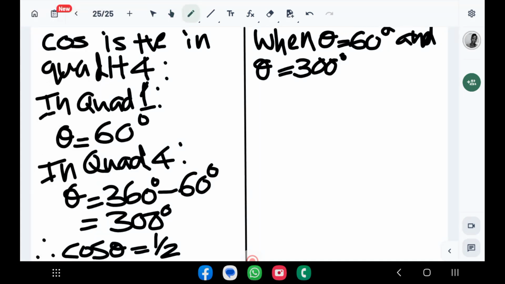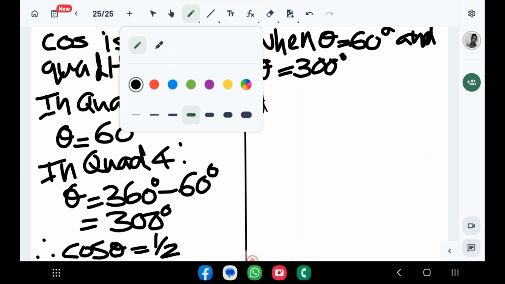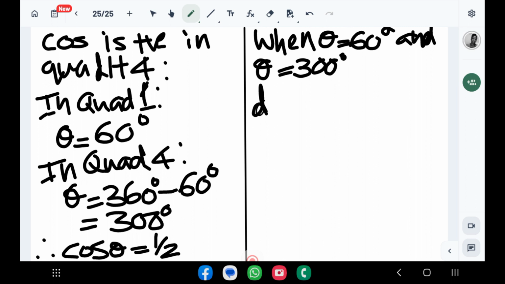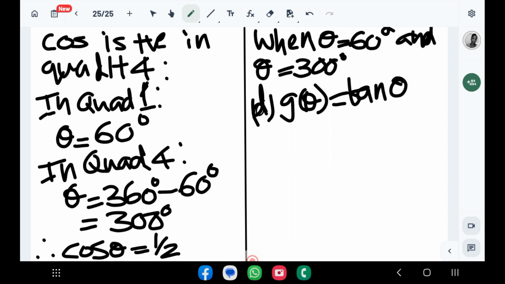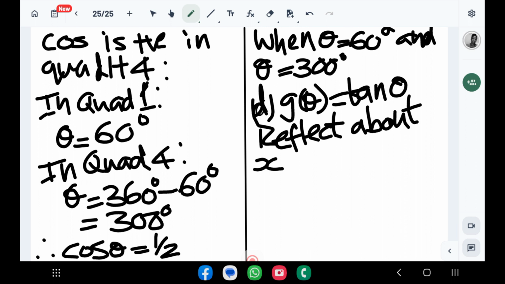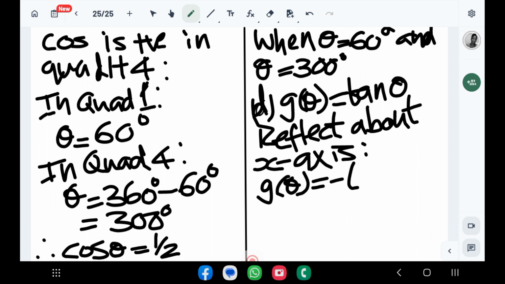That's number D. New graph of G, where G of theta equals tan theta. When you reflect about the x-axis, in other words, you flip it upside down, G of theta becomes minus tan theta.